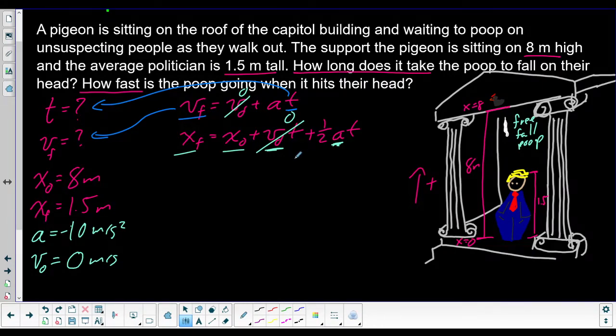So we're going to have to make a pit stop and maybe try this equation first. So final height, we know that. It's 1.5 meters. Initial, well, it starts up here at the pigeon at 8. This is 0, so that goes away. And we know 1/2 a t squared. That'll let us solve for time. So plus 1/2 times -10 times t squared.